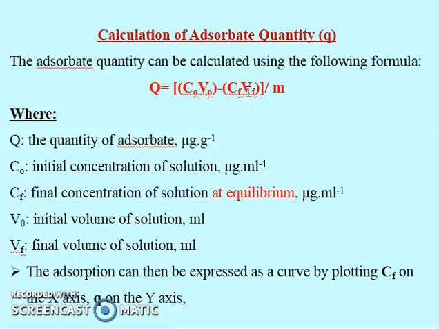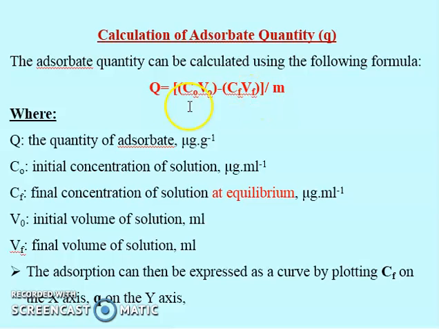But if the volume is the same, you can use only V at the end: C initial minus C final, multiplied by volume, over the mass of the adsorbent.